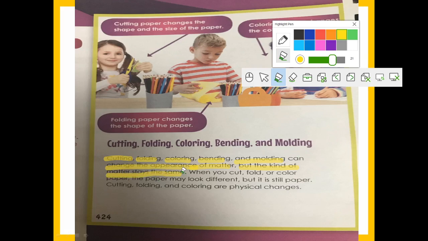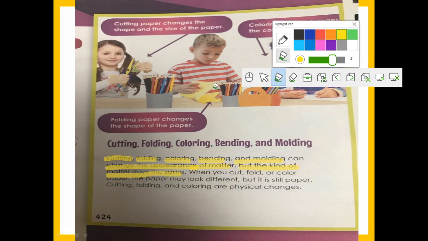Physical change happens when something changes, like cutting, folding, coloring, bending, and molding. But the kind of matter stays the same. The matter stays the same. We don't have a new matter. When you cut, fold, or color paper, the paper may look different.